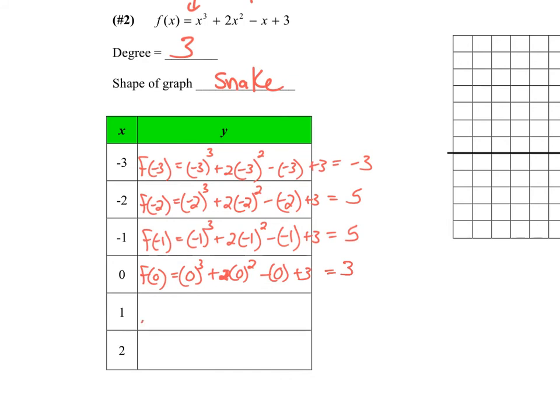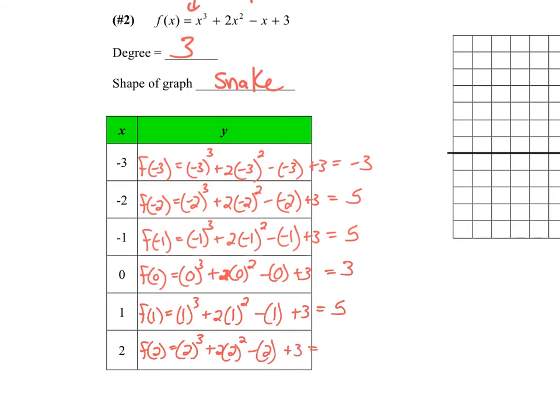Then you plug in 1, so f of 1 equals 1 to the third power plus 2 times 1 squared minus 1 plus 3. We will get 5. And lastly, you put in 2. So f of 2 equals 2 to the third plus 2 times 2 squared minus 2 plus 3. You substitute in 2 for the x value, and you would get 17. And that one is going to run off our graph.